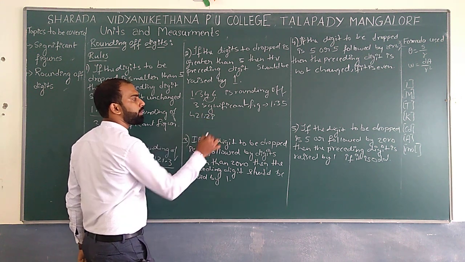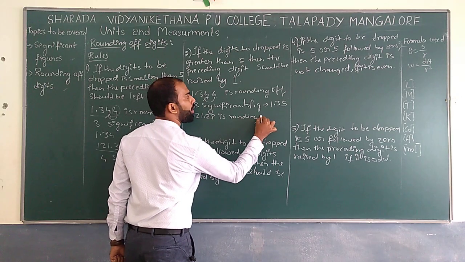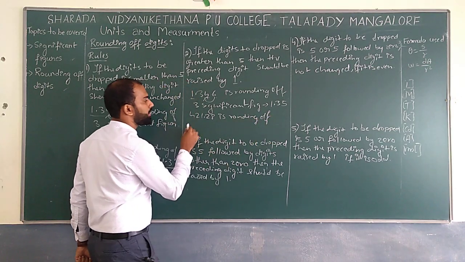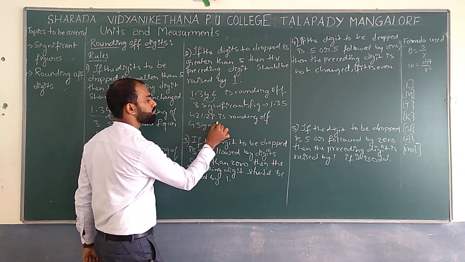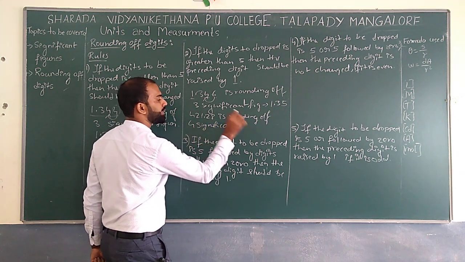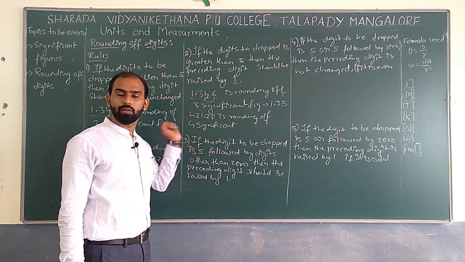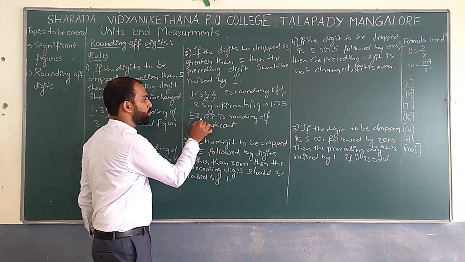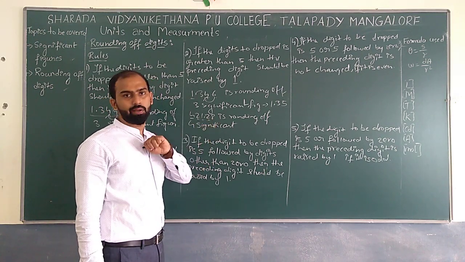Take one more example, 421.28, rounding off to 4 significant figures. How many significant figures are there? 1, 2, 3, 4, 5. But I need only 4 significant figures.